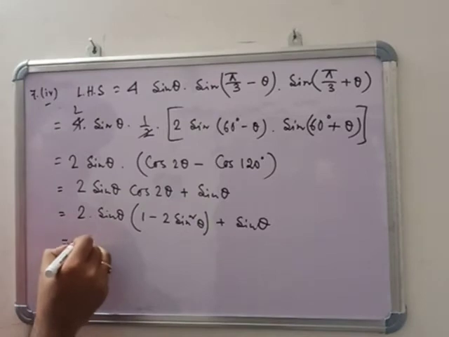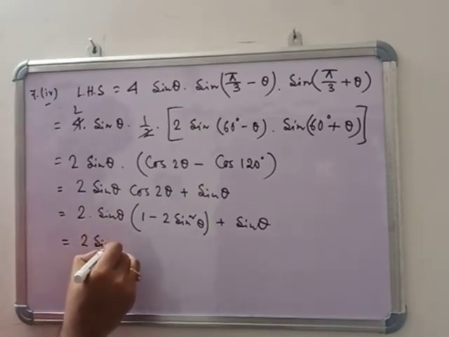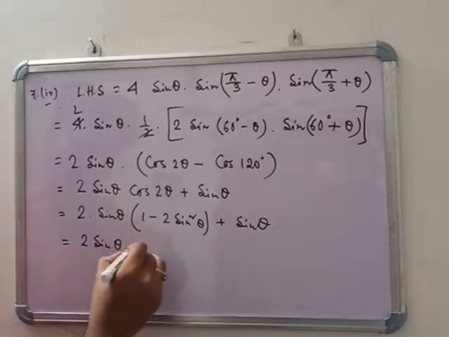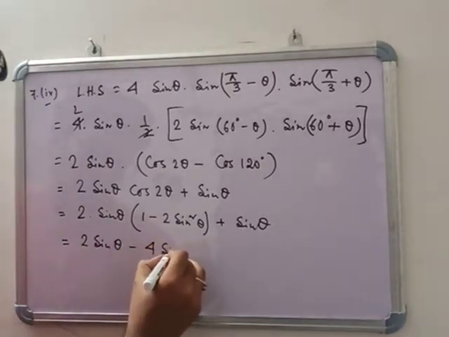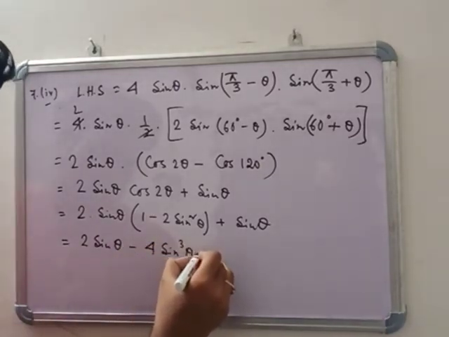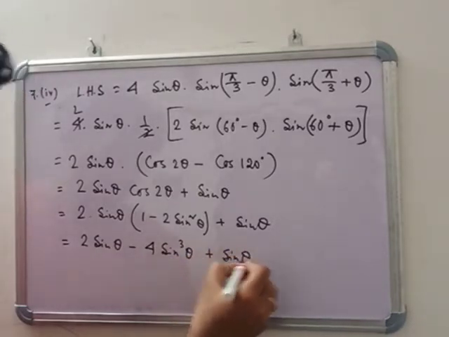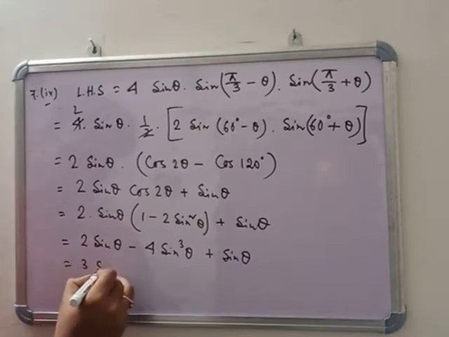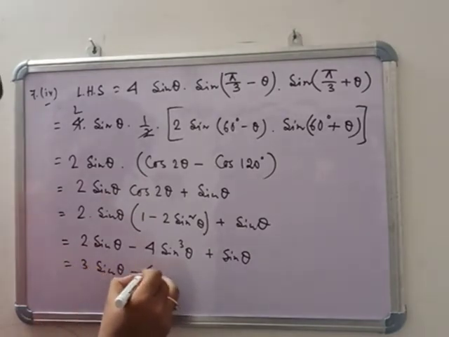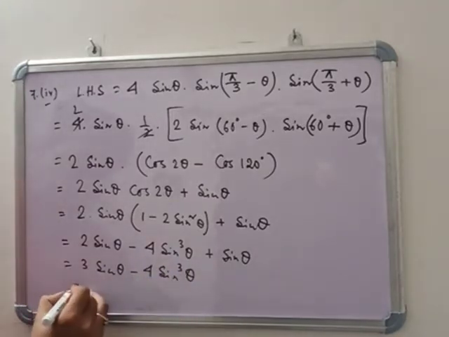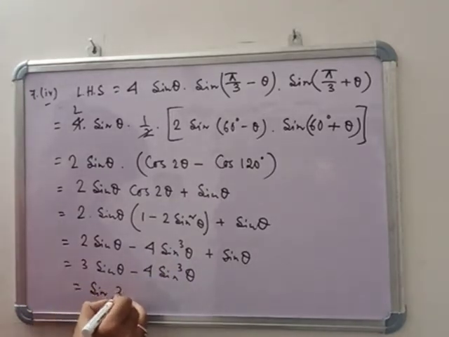Okay. So 2 sine theta minus 4 sine cube theta plus sine theta. So 3 sine theta minus 4 sine cube theta. That means sine 3 theta.